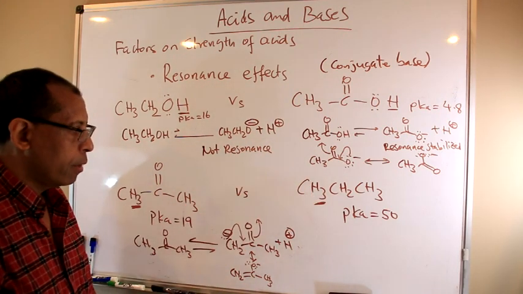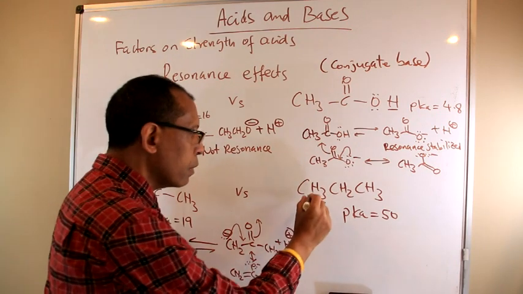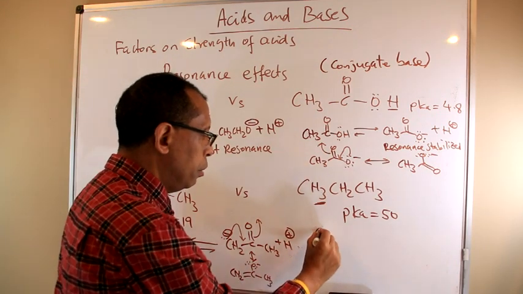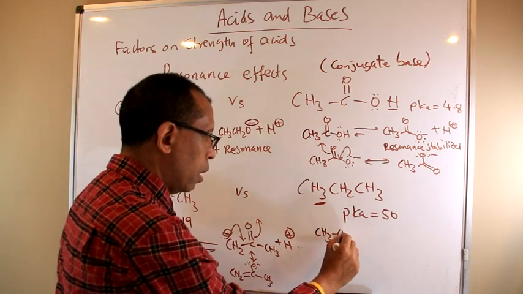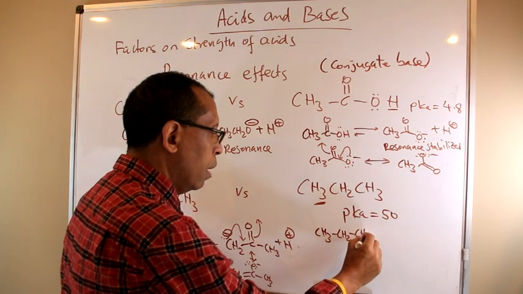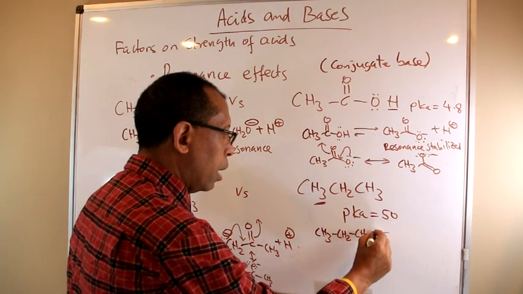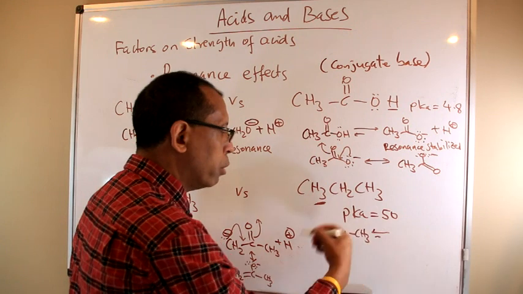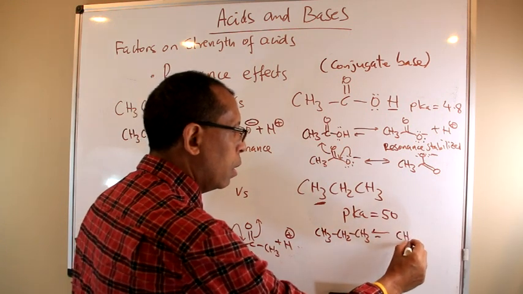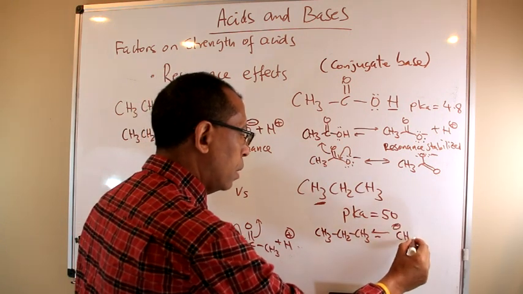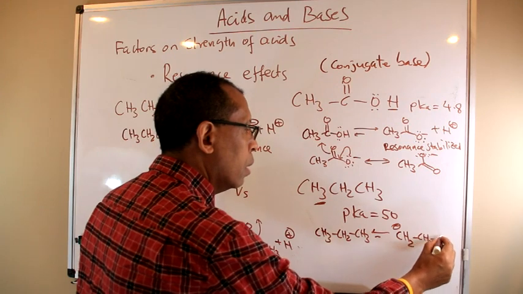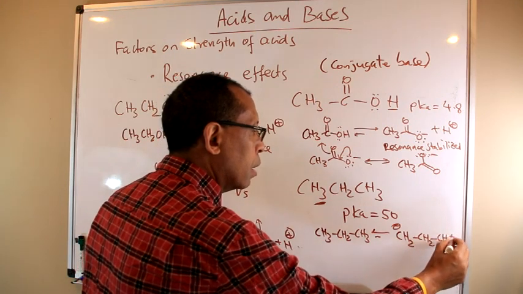Why doesn't that have a resonance? Let's see. If you do the equilibrium for this, CH2CH3, if you have a very strong base and you are able to deprotonate, you have CH2 minus CH2CH3 plus H plus.